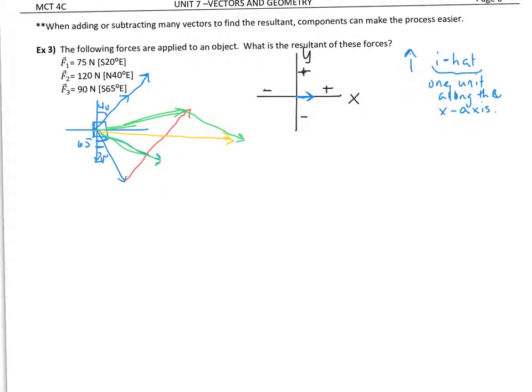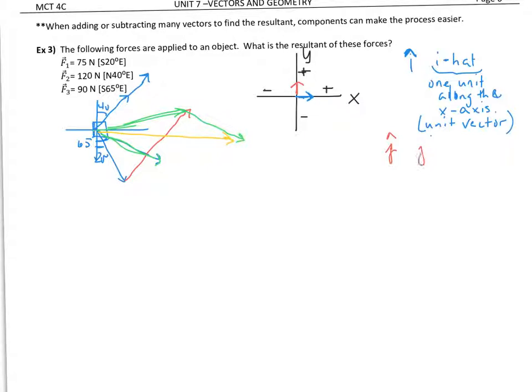And when you use this up arrow caret symbol, that represents one unit long. Okay, it's called a unit vector, because its magnitude is 1. Now along the y-axis, if we have a vector heading up the y-axis, we call that j hat.